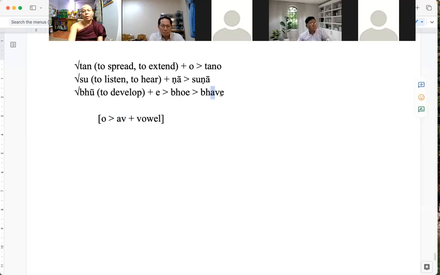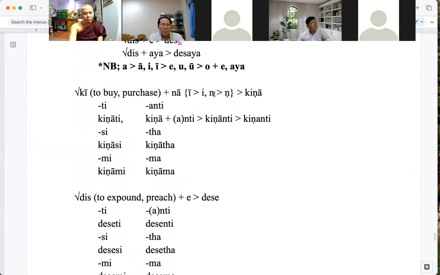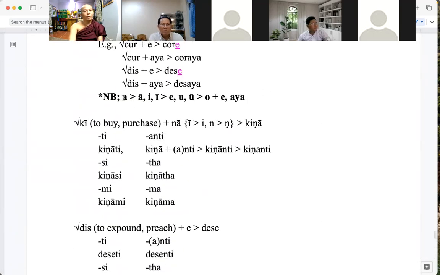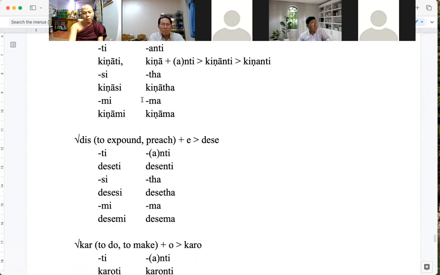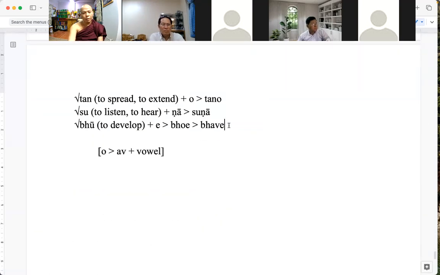But because of this a vowel, we don't allow it to stay. So according to this formula, that also is necessary to be changed to e, from bhave to bhave. So now finally bhave base.